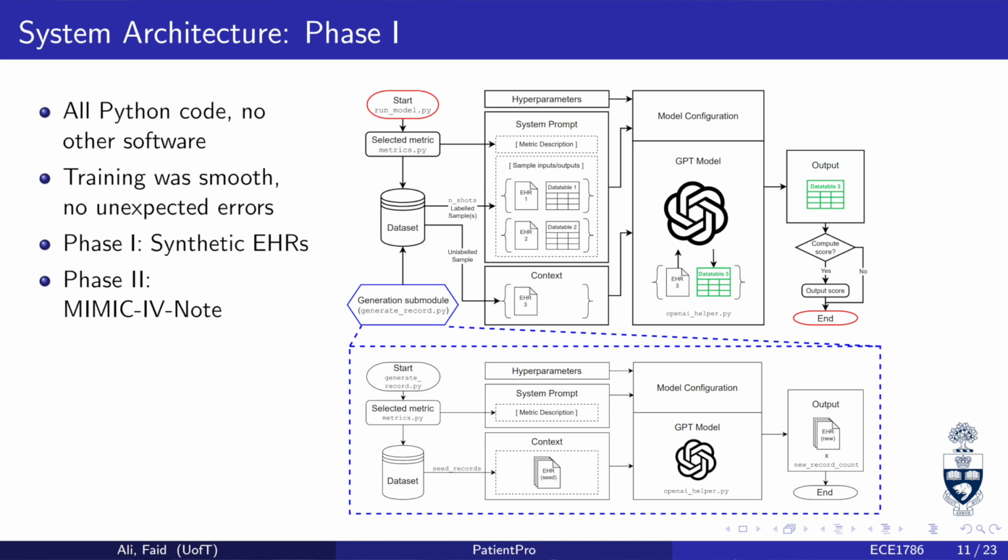From there, our system prompt describes what to look for for the specific metric, the specific pieces of information, and how to create the actual data table, which is just simple JSON format. We have the option to few shot prompt it with labeled samples, and in our context, we have our unlabeled sample. The output for the system is just the data table, and just for good measure, we included the functionality to compute the score.